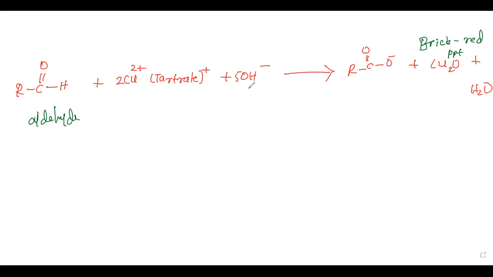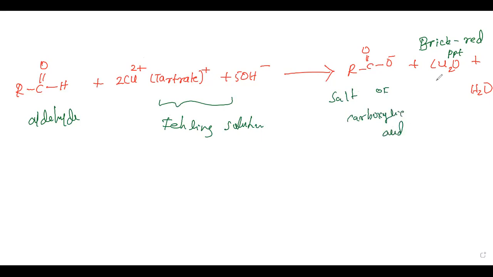So copper II tartrate ion in the presence of sodium hydroxide, this is what we call the Fehling's solution, you will end up with the salt of carboxylic acid and formation of the brick red precipitate Cu2O plus water.